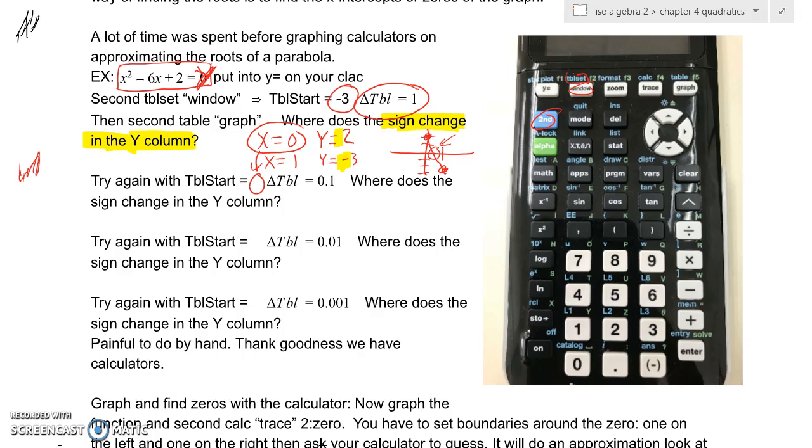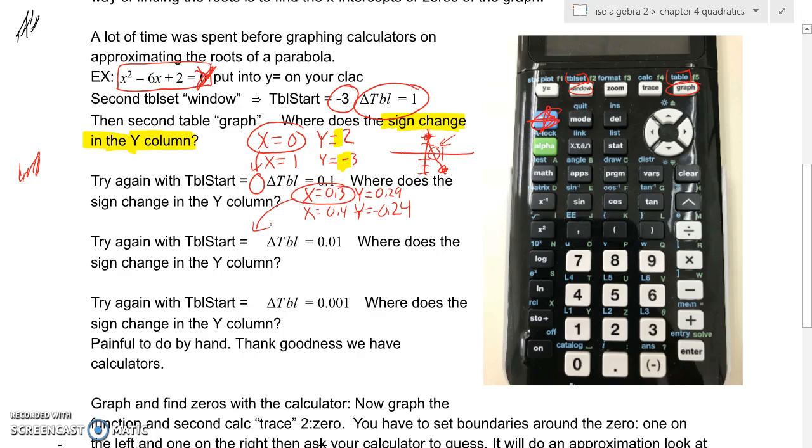We want to have a change in the table be by 0.1. And then we're going to hit second again. And we want to look at our new table. This time, we're looking for the sign change in the y column again from the positive to the negative. We have between 0.3 and 0.4. Let's try again and get even closer to the real value.